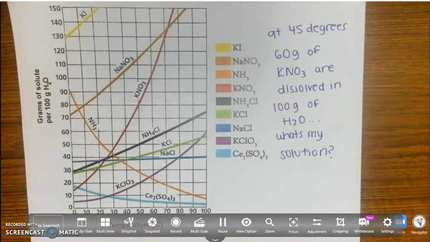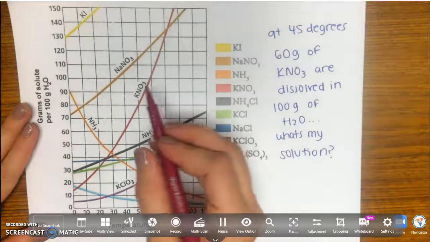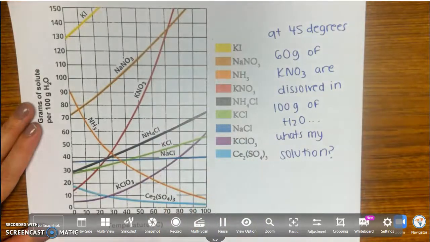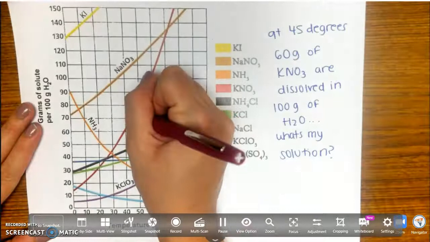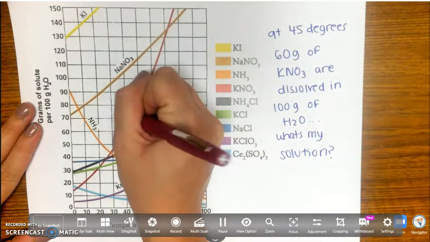Okay, here's the next problem in your example. At 45 degrees, 60 grams of potassium nitrate are dissolved in 100 grams of water. What's my solution? Saturated, unsaturated, supersaturated. So my potassium nitrate line is this red. At 45 degrees, it is like right here.